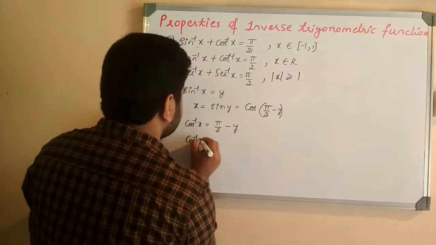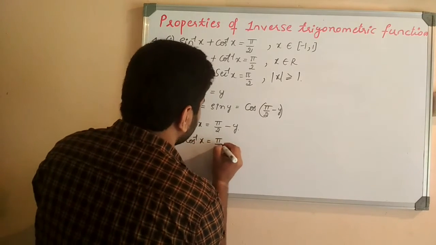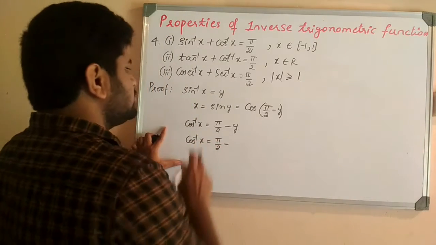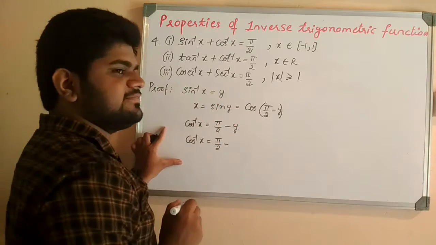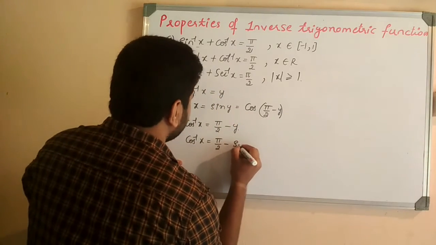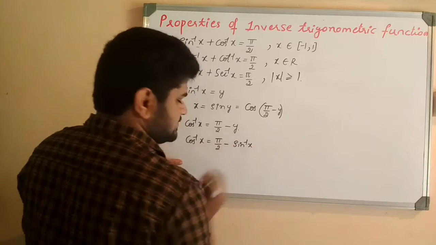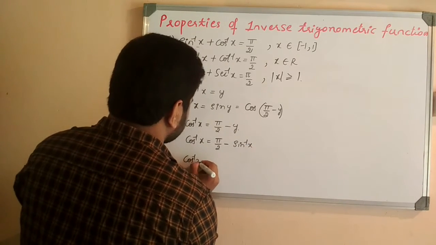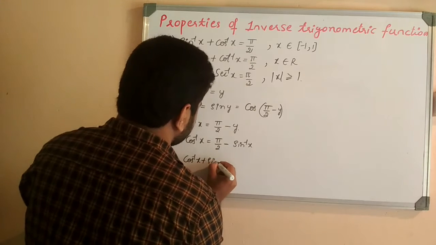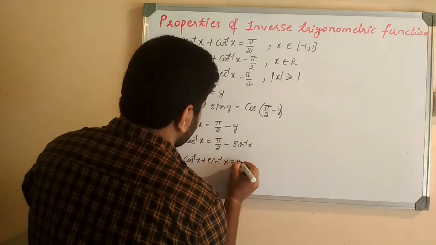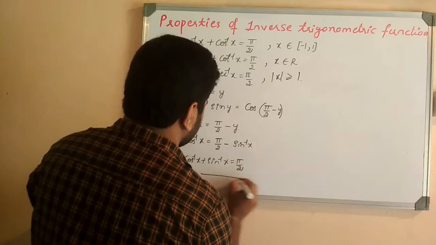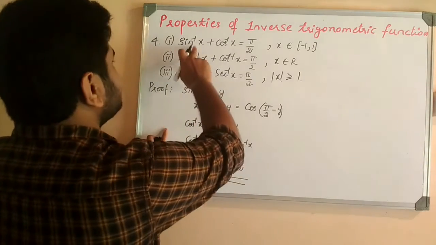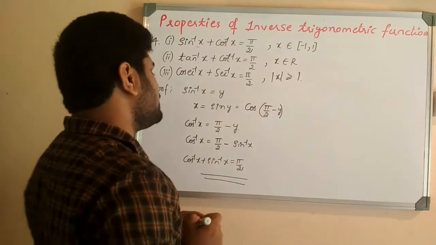So y is equal to sin inverse of x. When it comes to this side, cos inverse x plus sin inverse x is equal to pi by 2. So sin inverse x plus cos inverse x is equal to pi by 2.